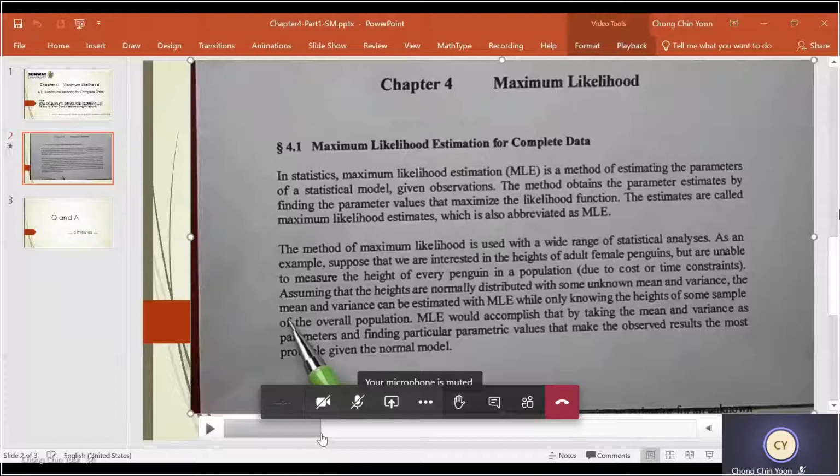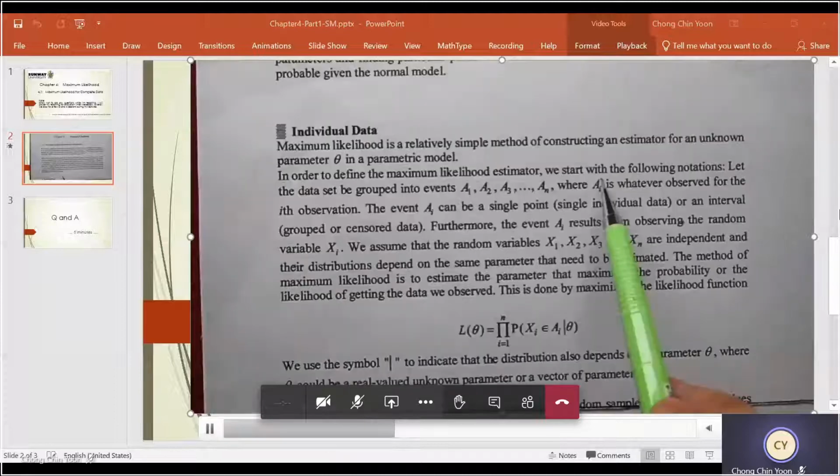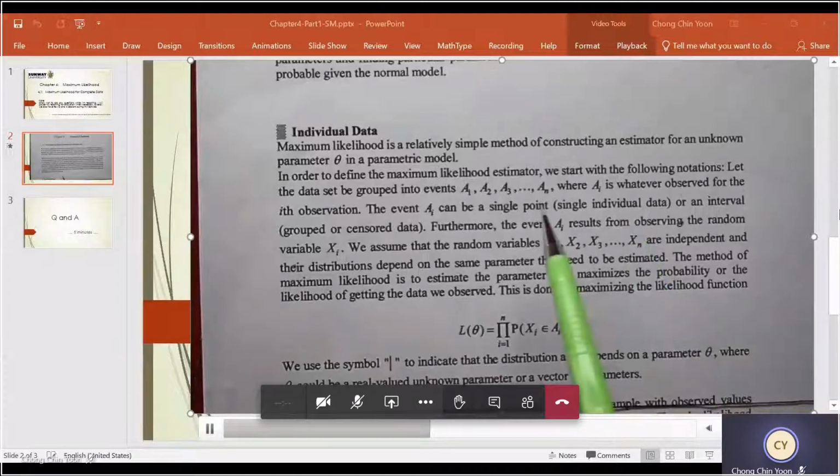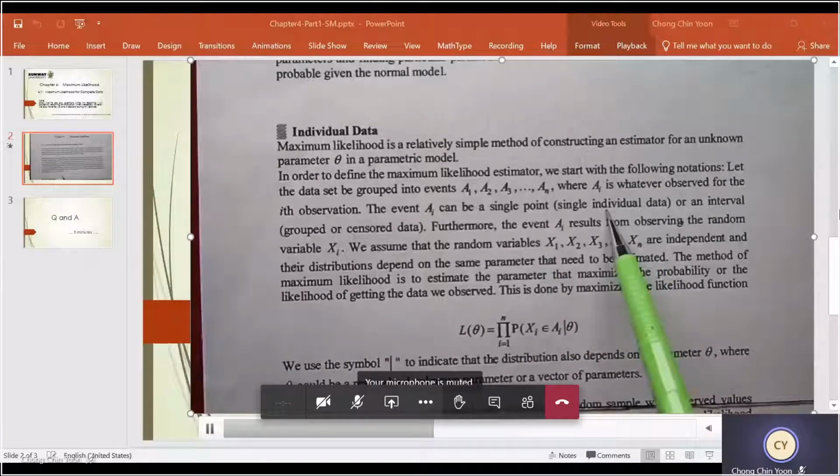Let the data set be grouped into events A1, A2 until An, where Ai is whatever is observed for the ith observation. The event Ai can be a single point, that is single individual data, or an interval, that is group or censored data.